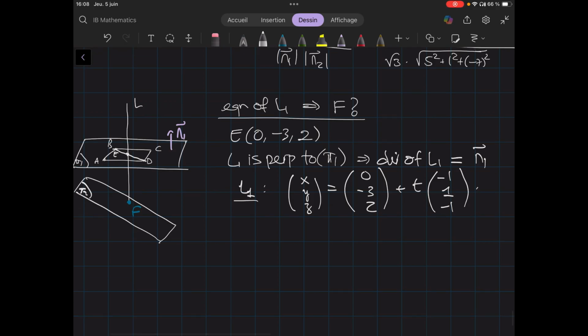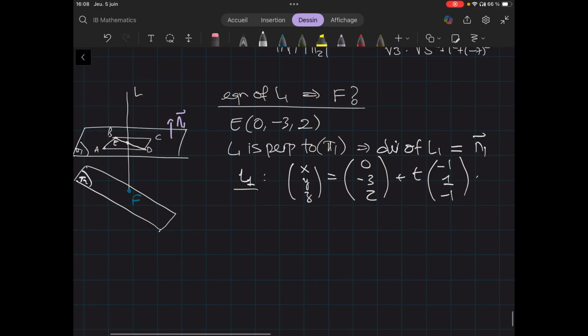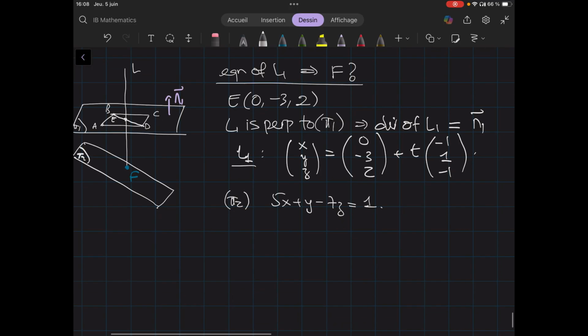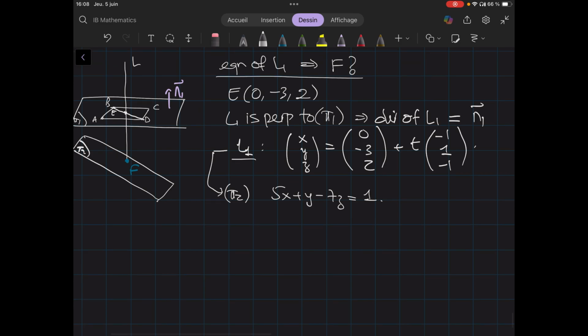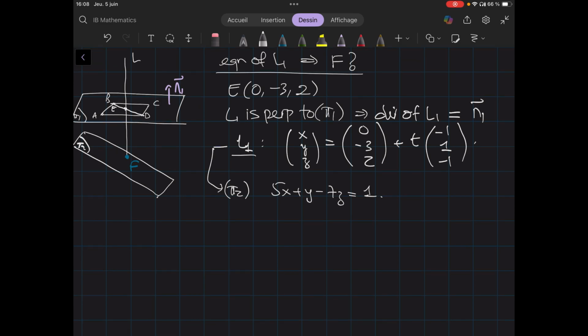We now need to find the intersection. Pi 2 has equation 5x plus y minus 7z is equal to 1. So I'm just going to plug these values into the equation of pi 2. X is -t, y is -3 plus t, and z is 2 minus t.